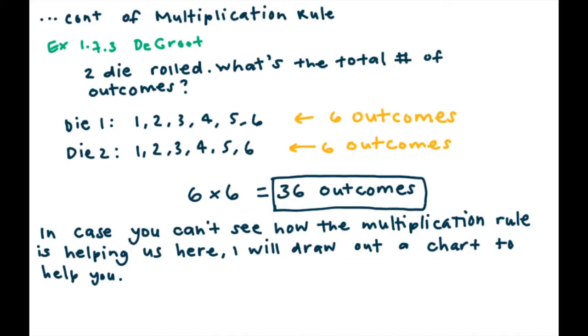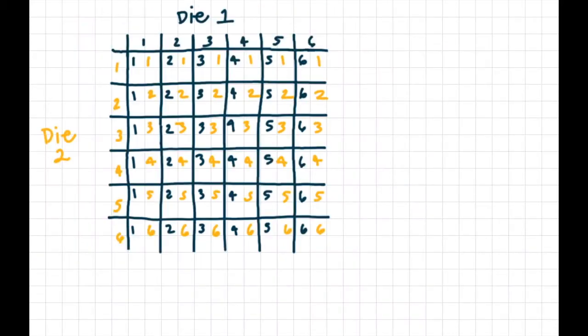So that tells me that we have 36 outcomes. In case you can't see how the multiplication rule is helping us here, I will draw out a chart to help you. I've already pre-drawn this chart. Up top, we're looking at die 1, which I labeled in black. Each of the numbers 1, 2, 3, 4, 5, 6 in this row represents all the possible options for die 1.